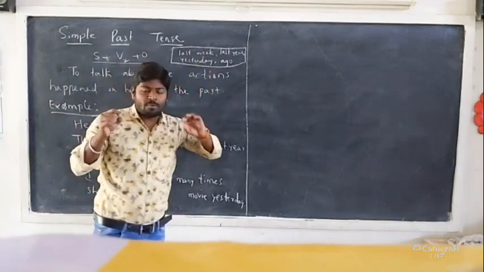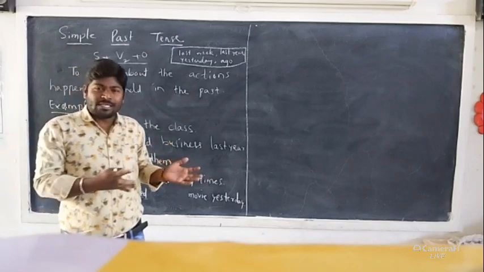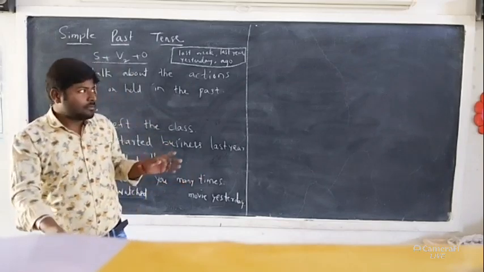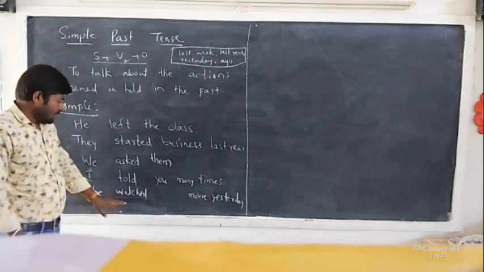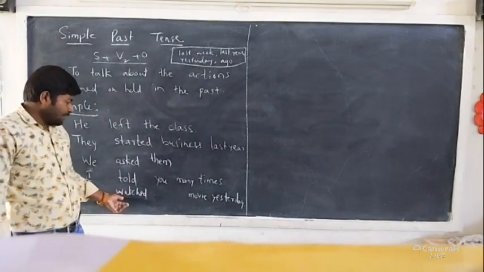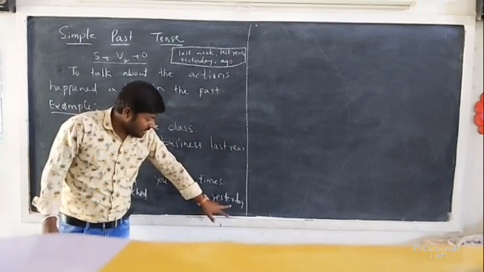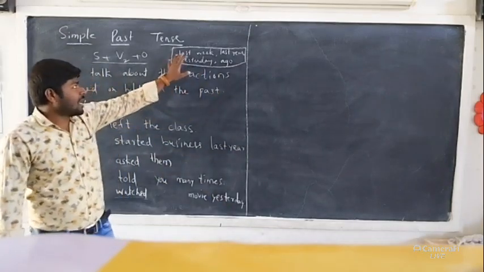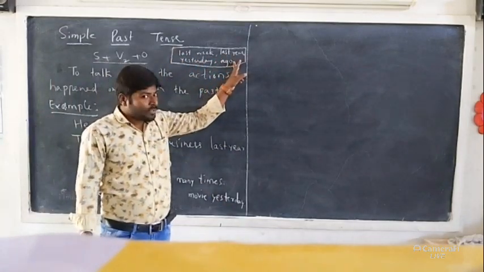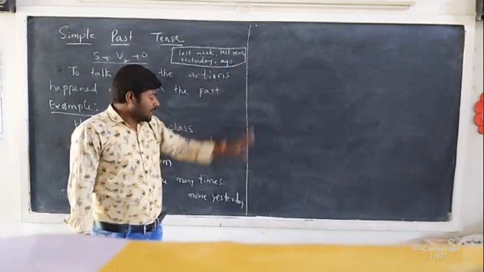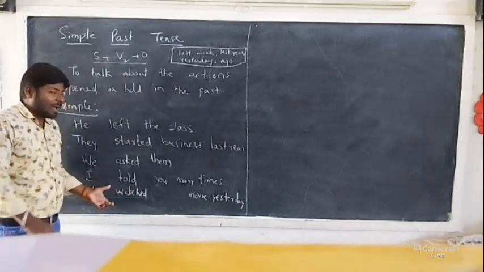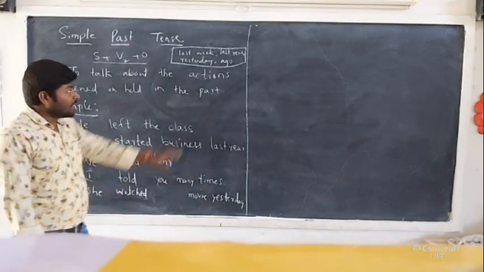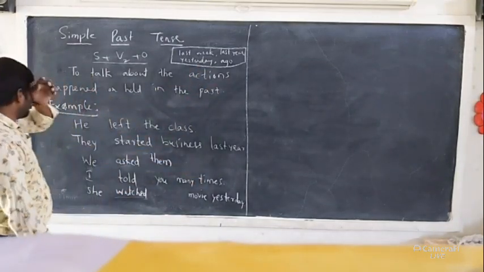First of all, if you get a question to identify the error in the sentence, here just now I have written a blank. Based on this word yesterday, if you find yesterday or last week or last year, most probably ago, if you find this word you should write the sentence in simple past tense. Okay, remember this one. So that's one.